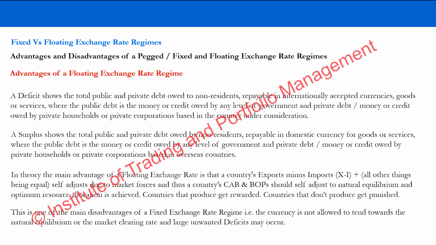Therefore, it by default is supposed to be a disadvantage of a fixed exchange rate regime. So in a fixed exchange rate regime, a country is not allowed to tend towards the natural equilibrium or the market clearing rate. And typically what you may see is that large unwanted deficits can occur under fixed exchange rate systems.